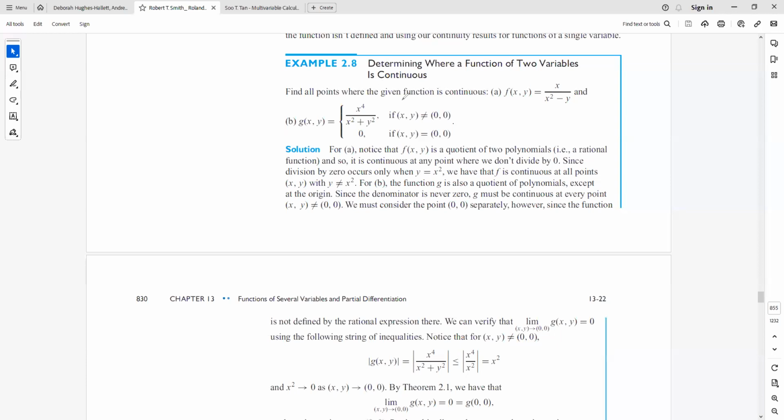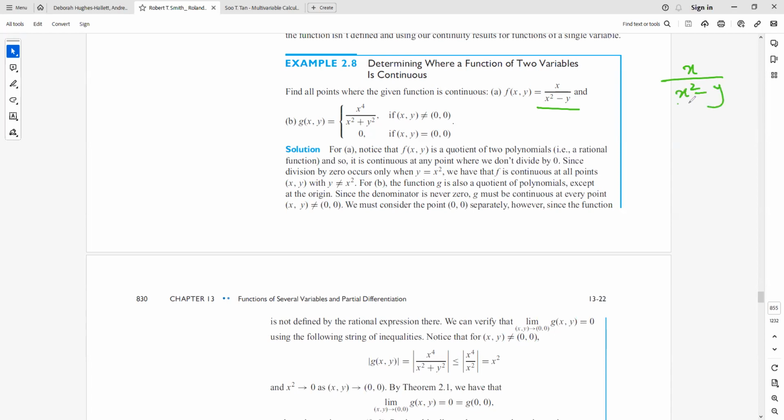Now let's see here. We are concerned with the continuity of a function. Find all points where the given function is continuous. Now, this is the function. I mean, we need to find the points where the function is continuous, right? Now, notice that it's a rational function, that is x over x squared minus y.